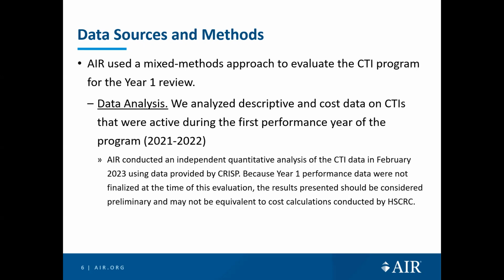But it is not the final data that the HSCRC will be using to officially calculate the costs and savings of the CTI program. So I do want to add that disclaimer that the results here are representative of a point in time in February, but are not considered the official program results.